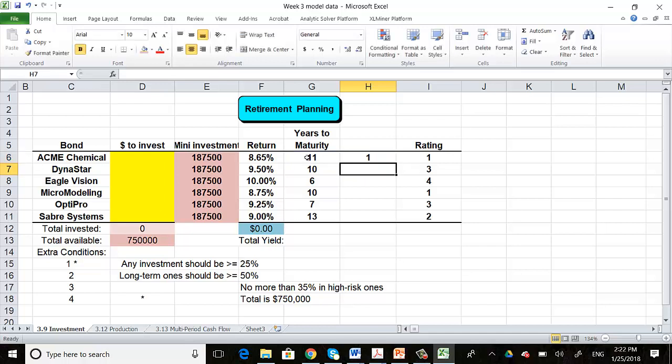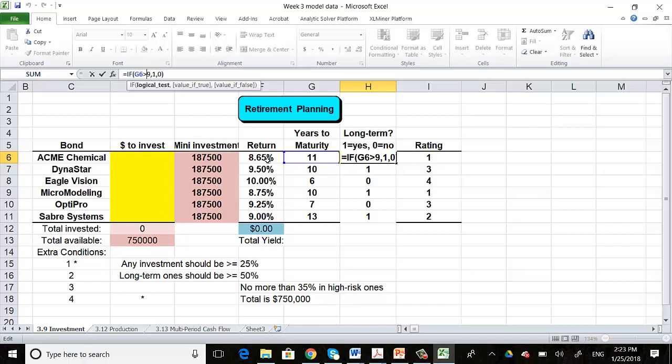So here I'll say long term or not: 1 means yes, 0 means no. And I can copy this all the way down. It's a judgment: if this value is greater than 9, return 1, otherwise return 0.